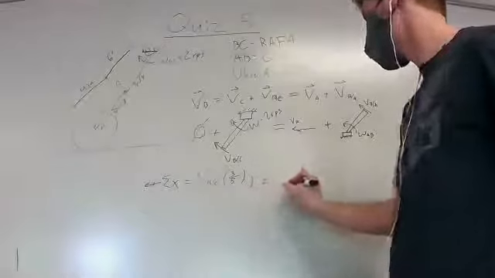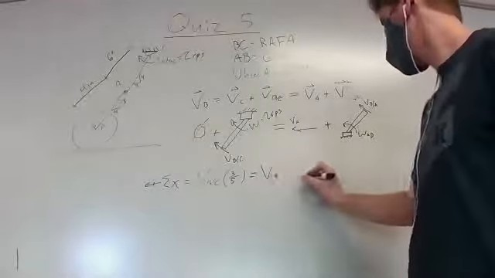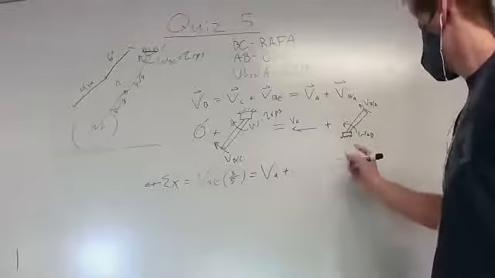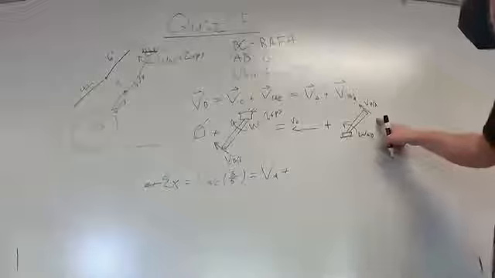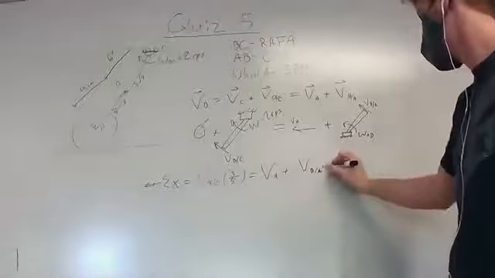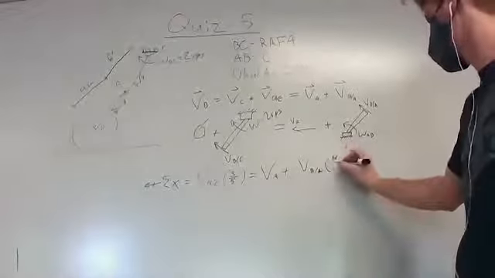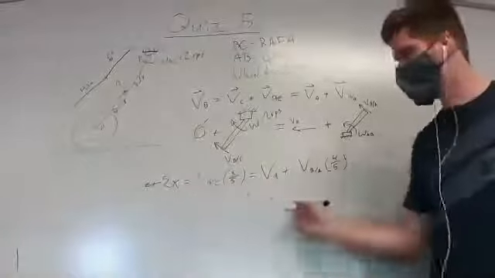This would be equal to VA plus the X component of this, which is going to be VBA times 4/5. And so this would be our initial equation.